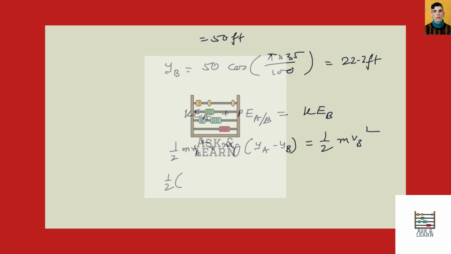Mass is 150 over 32.2, the value of g, you have to take the mass. This is 5 square, that's given.